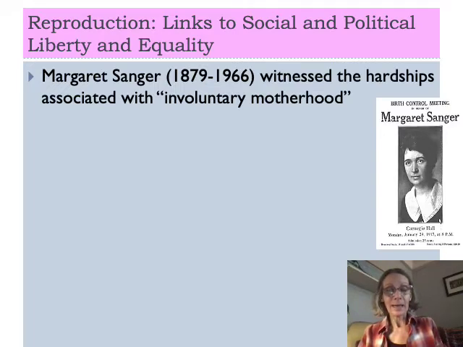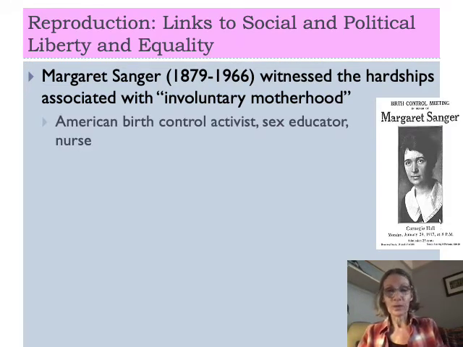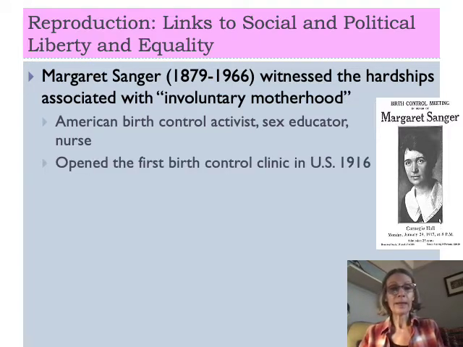Margaret Sanger, who you might be familiar with and who you're going to be reading about in the textbook this week, was an American birth control activist. She was a sex educator and a nurse. In that position as a nurse, and fighting for birth control for women, she really witnessed the hardships associated with involuntary motherhood, the hardships associated with not choosing to become pregnant.